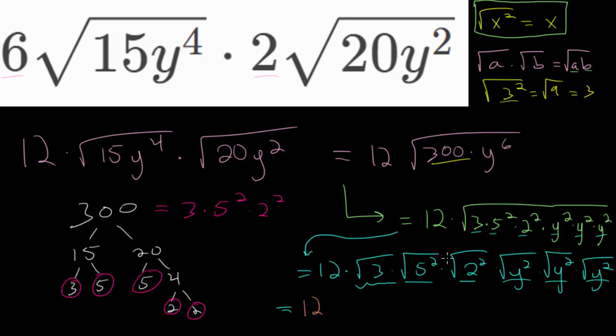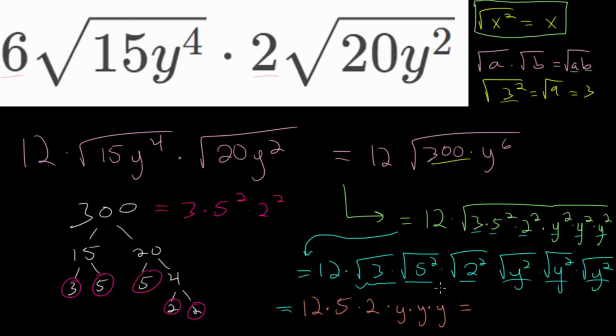Then the square root of 5 squared, the square root and the square cancel, and we just get times 5. Here, the square root and the square cancel, and we just get times 2. You could also think that this is just the square root of 4, which we know is 2. Each of these will be equal to y, since square root and square cancel. So we get y times y times y.